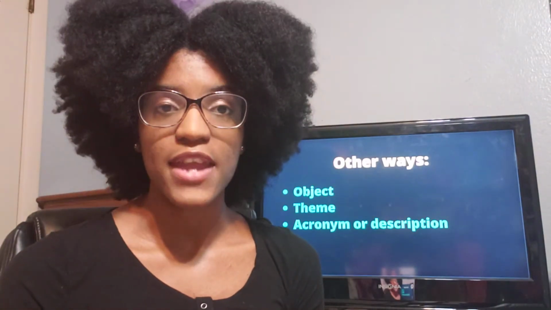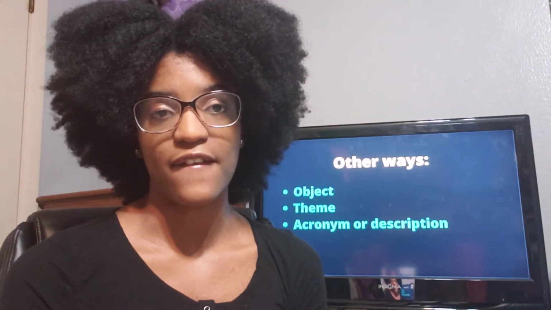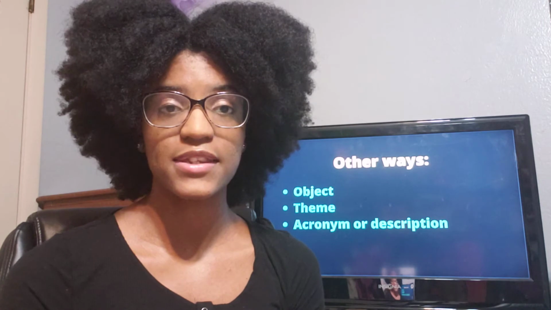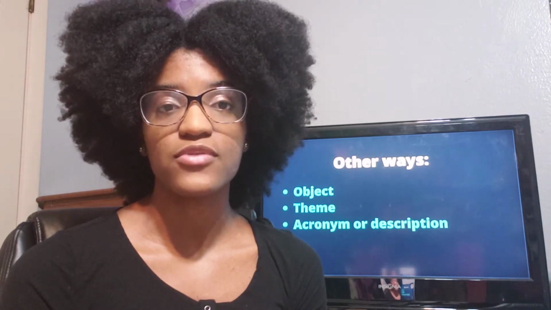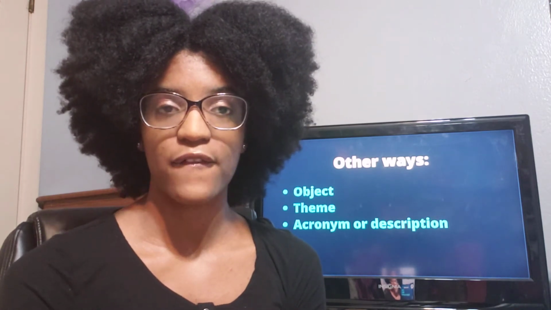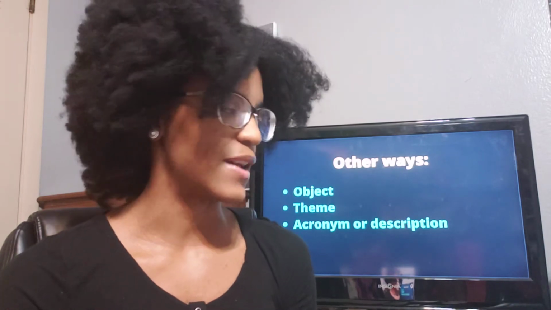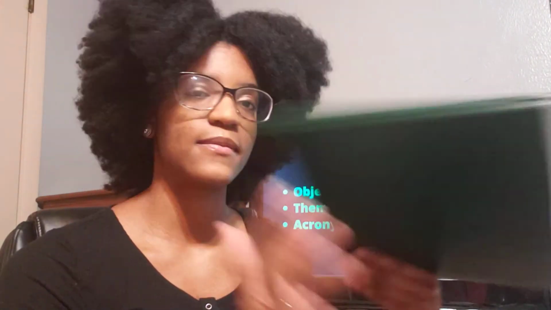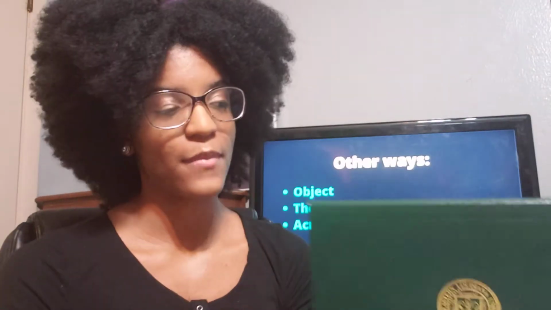So there are variations of the directions that I've posted, ways you can do this. Some students might choose an object and use that as a metaphor for their lives. So for example, this is my master's degree, right? I might use this during my self-introductory speech and discuss how this master's degree represents a time in my life where I was putting my blood, sweat, and tears into obtaining it.